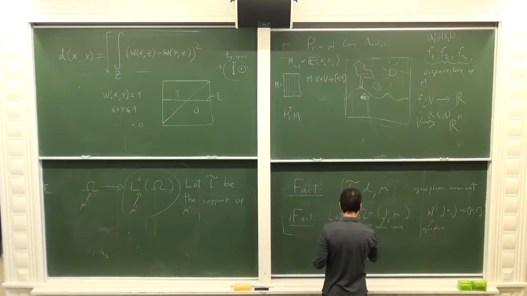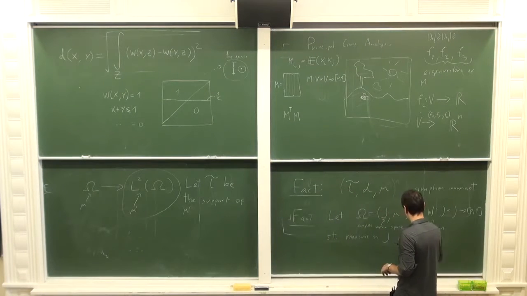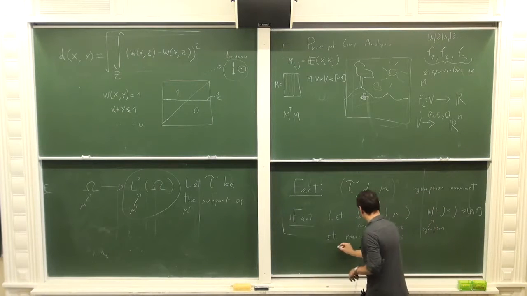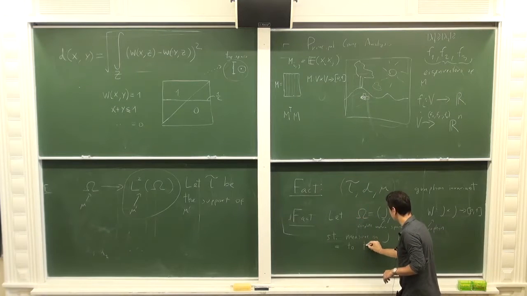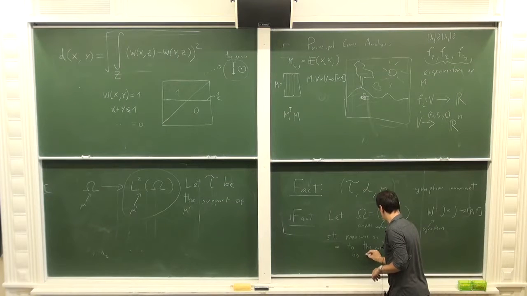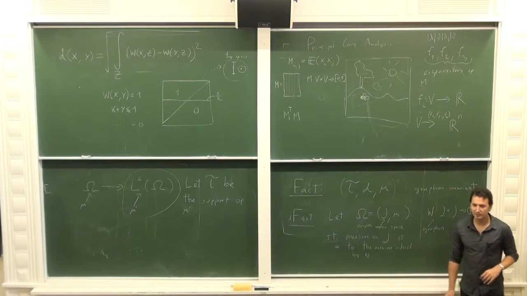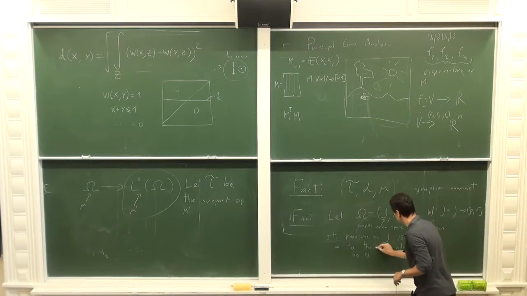Such that the measure on J is equal to the measure induced by the graphon. Oh, the measure.